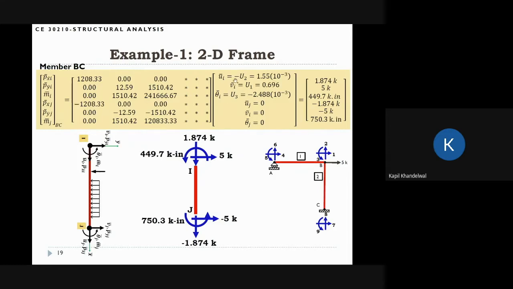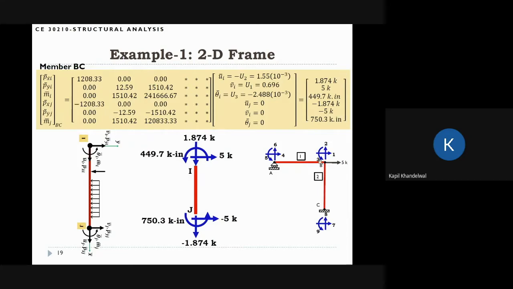So these are the first 3 degrees of freedom. And the last 3 degrees of freedom are uj, vj, theta j. Because this end is fixed, they're all 0. That's the reason I didn't put the values of these last 3 columns, because they get multiplied by these 3 zeros. And we do the algebra, and we'll get the forces.